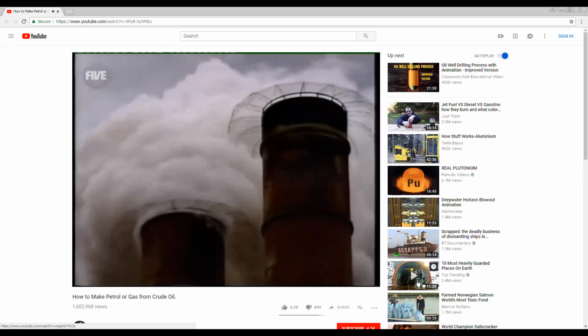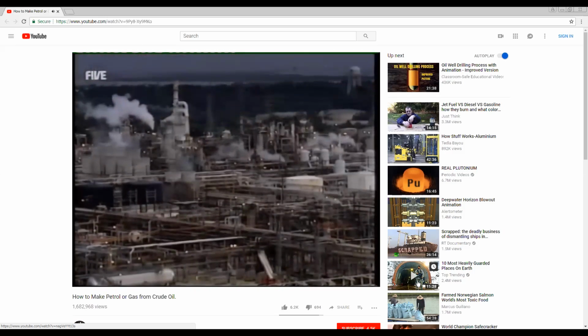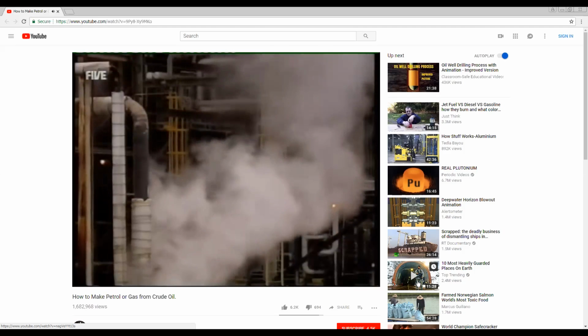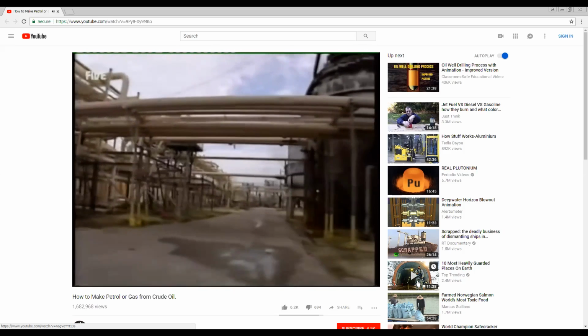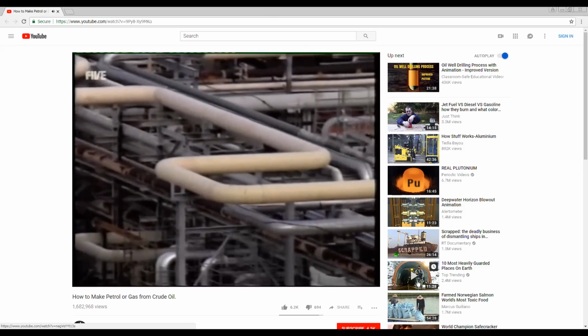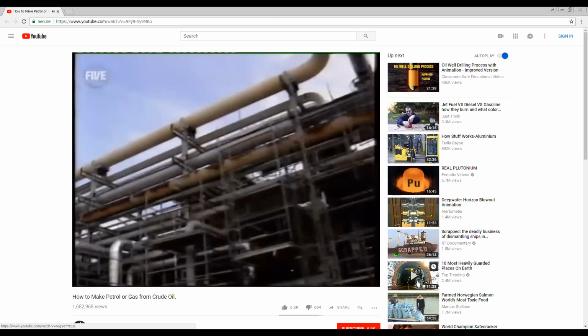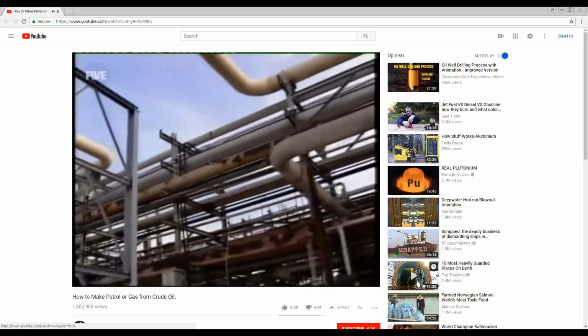Less than 30 miles from Houston, it looks like something out of Blade Runner, and is the single largest oil refinery in the whole of the US. With over 5,000 miles of metal piping spread across 2,400 acres, this place can refine 560,000 barrels of crude oil every day.